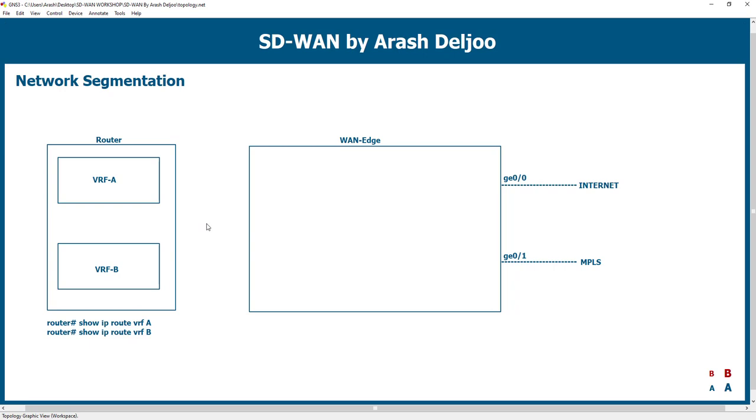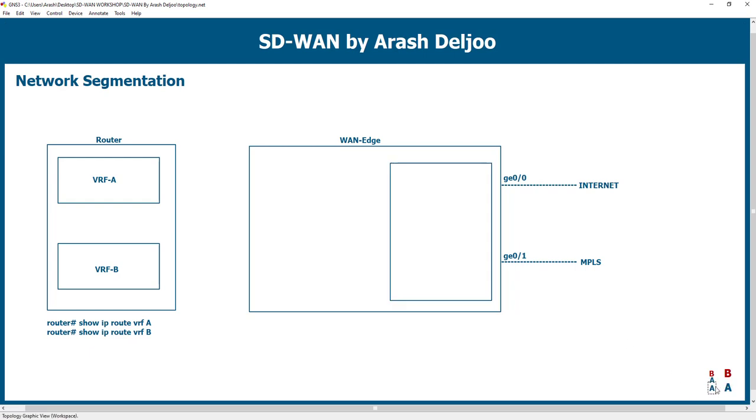A topic like this exists in the SD-WAN, but the name is VPN. VPN means VRF, exactly the same. For example, one VPN is reserved in the SD-WAN. The number of that VPN is 0.